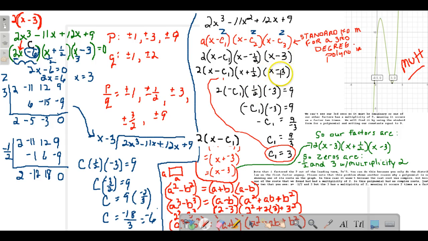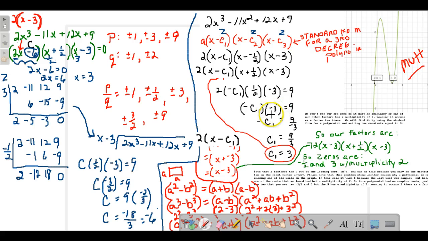This one is negative, so we have a negative 3. And then, of course, we have to include the 2. So all of these get multiplied by each other to give us 9. So then when we solve, it's 2 times 1/2, which is 1. And 1 times negative 3 is negative 3 times this negative C1.